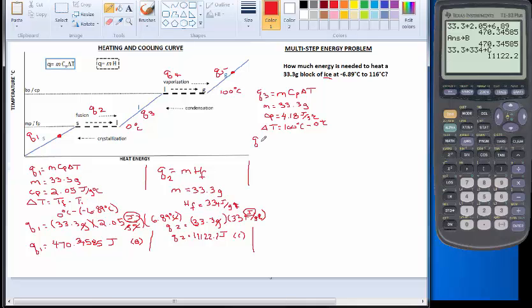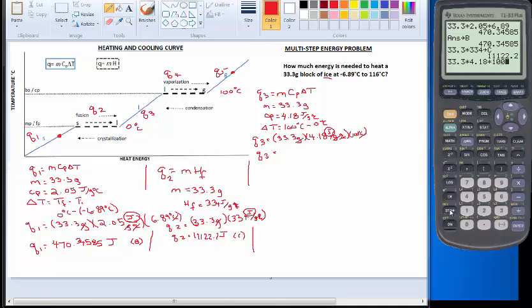So our Q3 is equal to 33.3 grams times 4.18 joules per gram degree Celsius times 100 degrees Celsius. If we plug this information into our calculator, we will say 33.3 times 4.18 times 100.